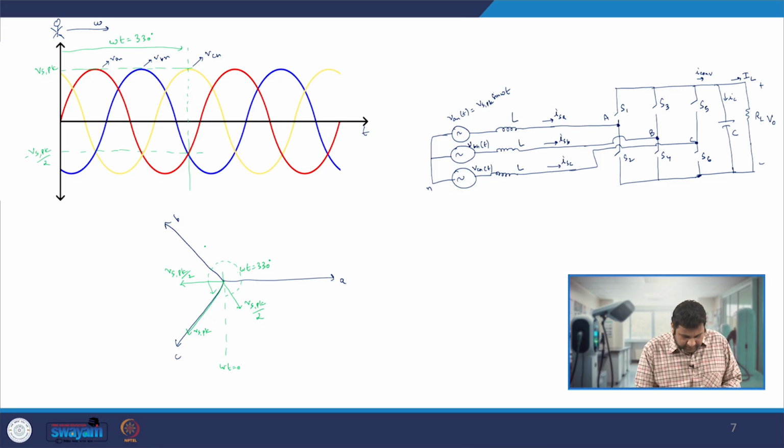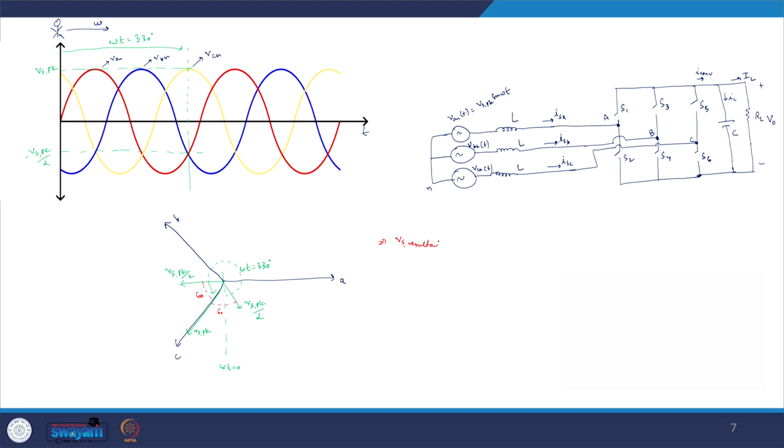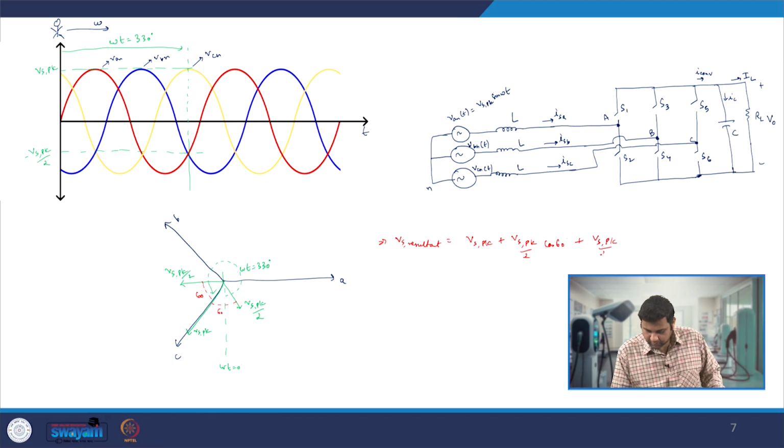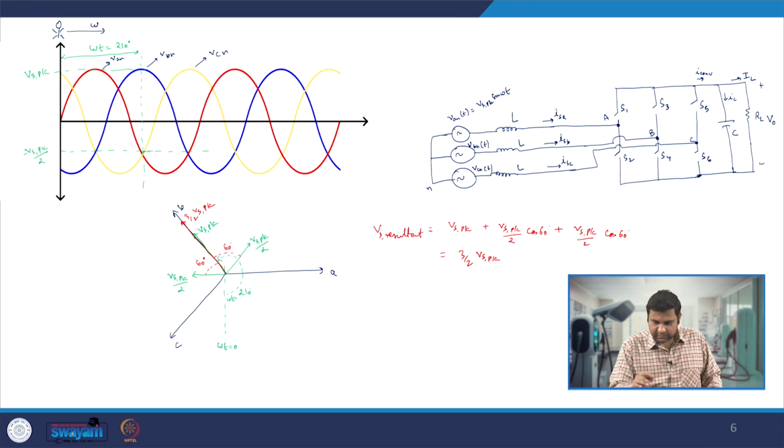Then let us see the resultant. This is 60 degrees and this is also 60 degrees. So the resultant which will be applied is Vs peak plus Vs peak by 2 cos 60 plus Vs peak by 2 cos 60, same as the previous case.